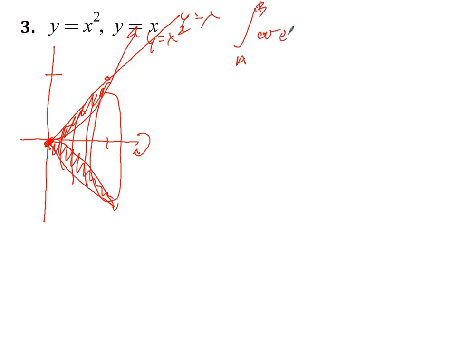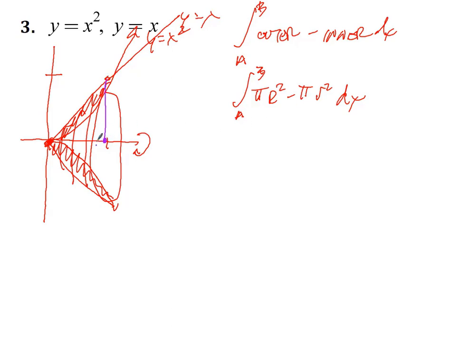So it's going to be outer minus inner, which is pi big R squared minus pi little r squared. Our big radius, the outer radius, is given by y equals x. The little r is given by the function y equals x squared.